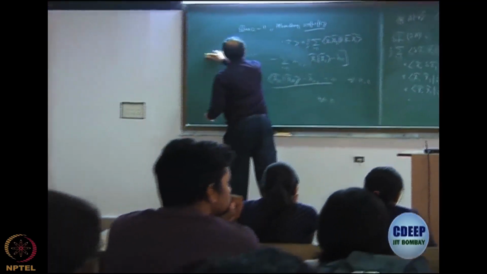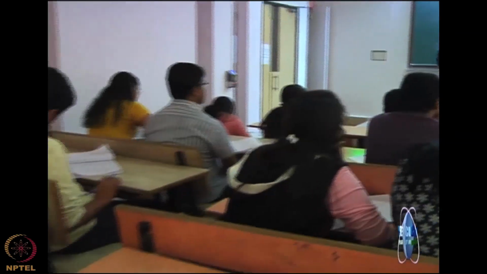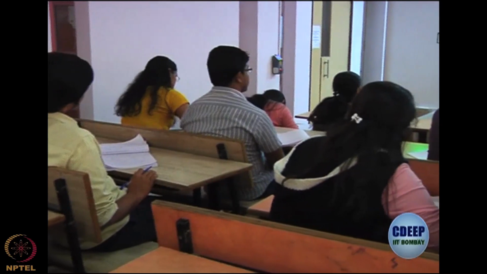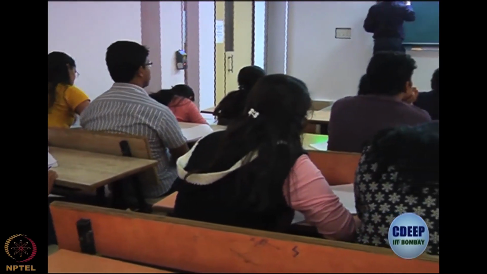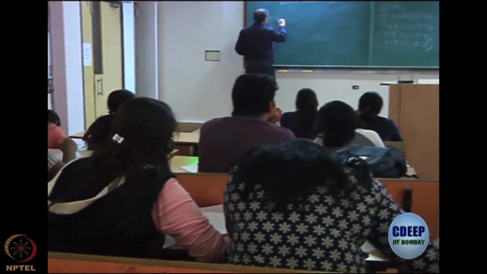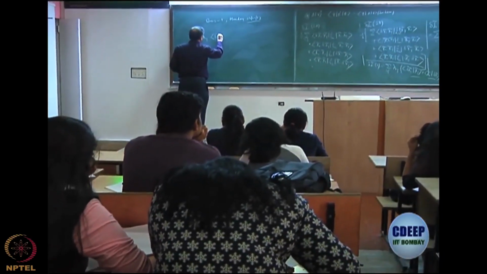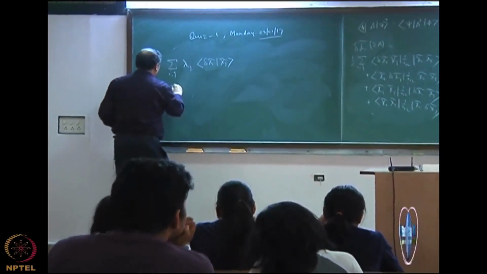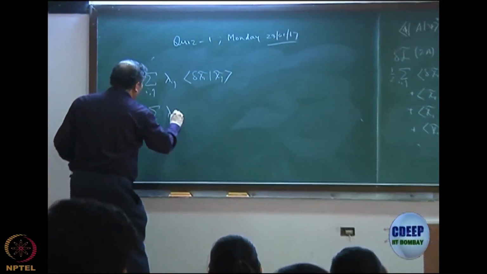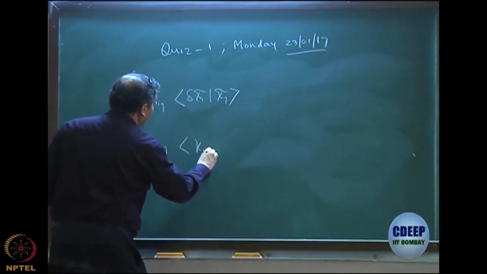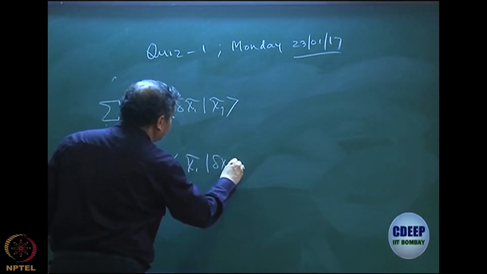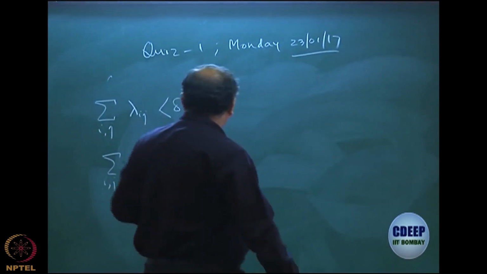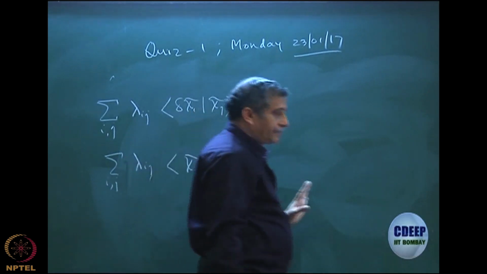So essentially what we are doing is the following: I have a term which is sum over ij, lambda ij, delta chi i tilde, chi j tilde, and then I have another term which is sum over ij, lambda ij, chi i tilde, delta chi j tilde. So I have to show that this is conjugate of this.